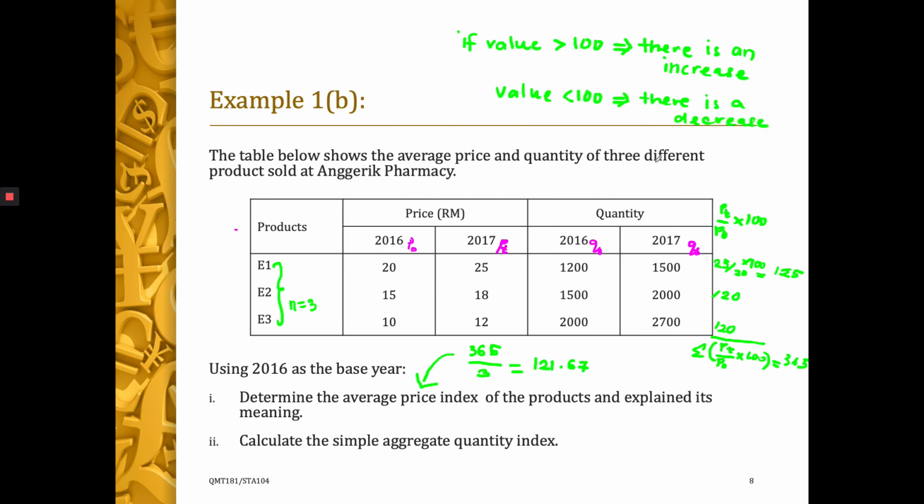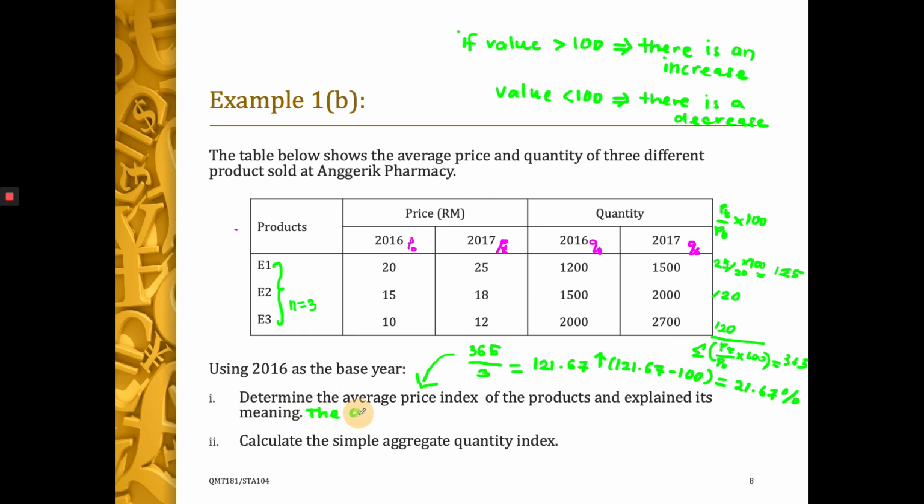So in this case, the value is 121.67. So there is an increment of how much? You should do 121.67 minus 100. So you will get 21.67%. So there is an increase of 21.67%. So how are you going to write this one?